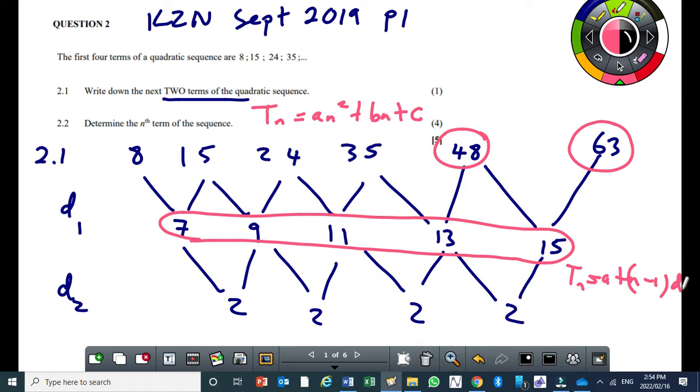All right. Now let's move on to 2.2 now. 2.2, we need to determine the nth term, which is of the form Tn equal to an squared plus bn plus c. Now to find that nth term, you need to remember the following.